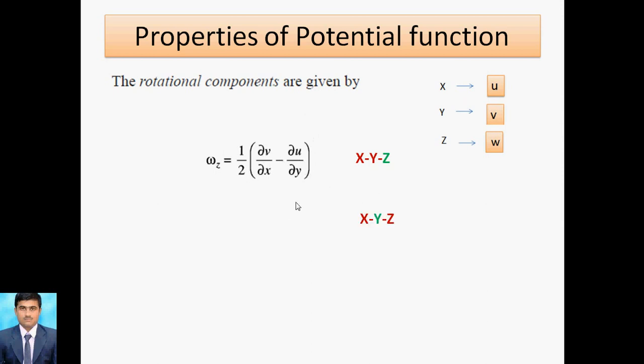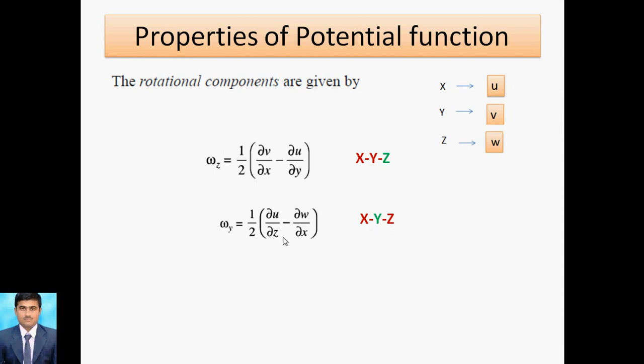Similarly, we go for the component y, that is wy. So how to calculate? Y is the rotational member and xz is your plane. If you consider wy equal to half, it means it is rotated about 180 degrees, and x, y, z are there.